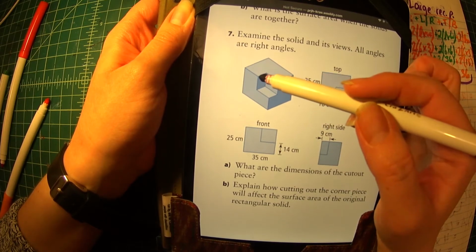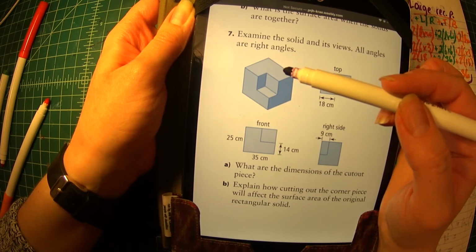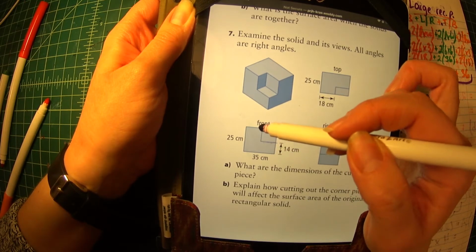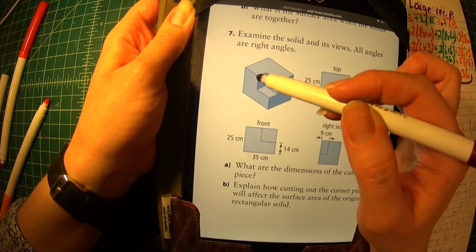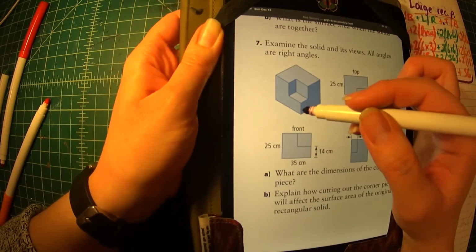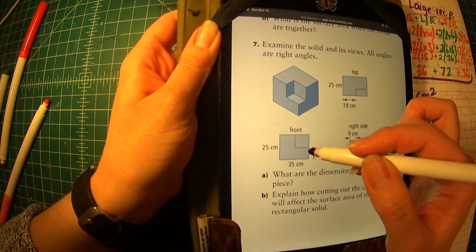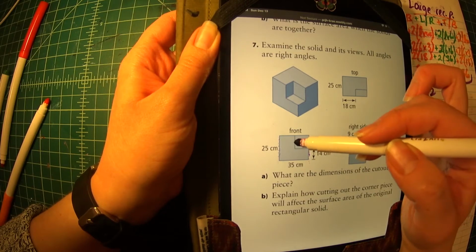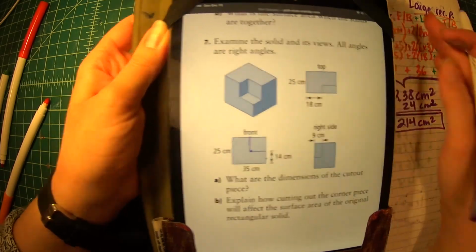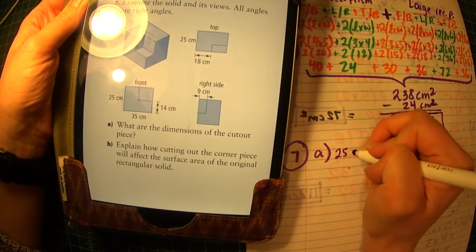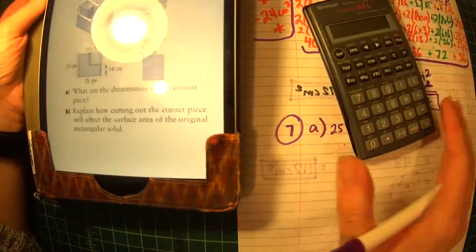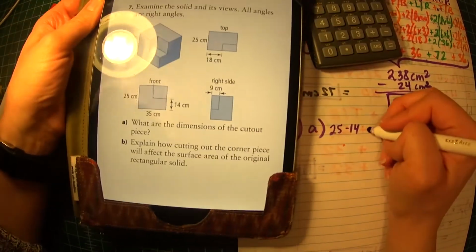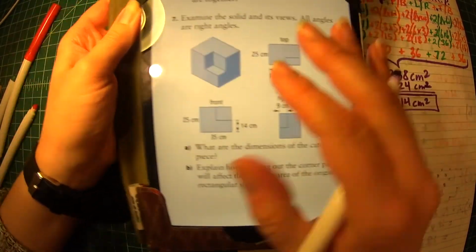So this, okay, so this right here is my front view. So this cutout right here is this one right here. Okay, and if I know that this little piece here is 14 centimeters, and I know the full distance is 25, then to find this little cutout here, I just need to subtract 25 minus 14. 25 minus 14 gives me 11.